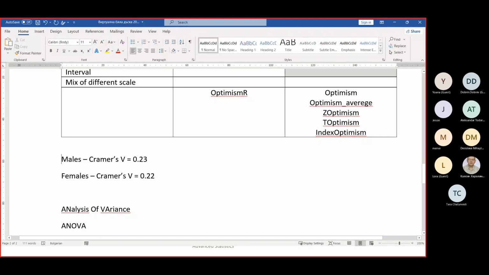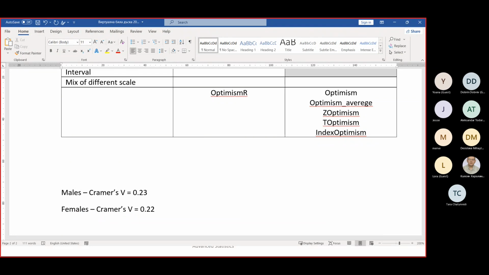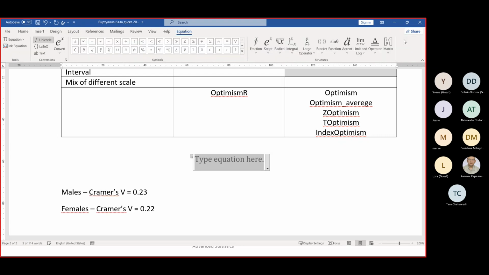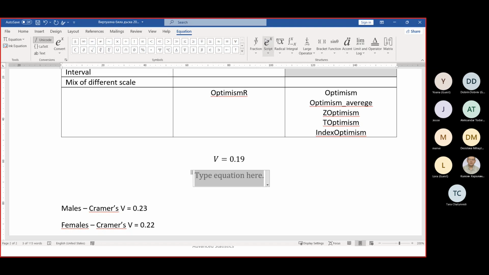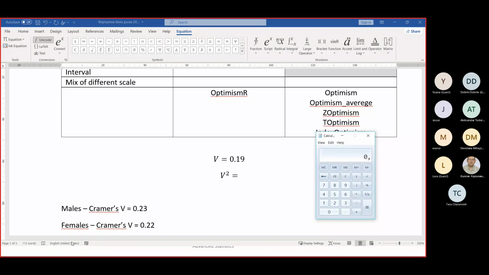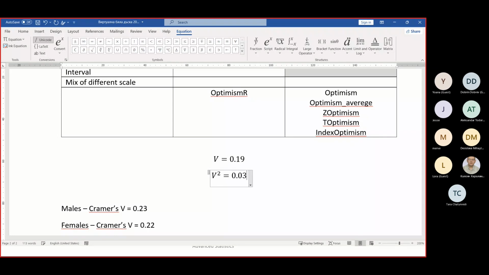V squared will be 0.19 multiplied by itself, which is 0.036, or 3.6%.